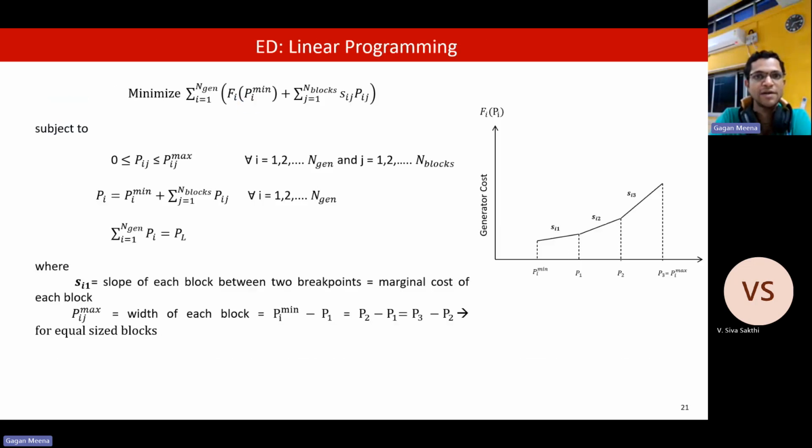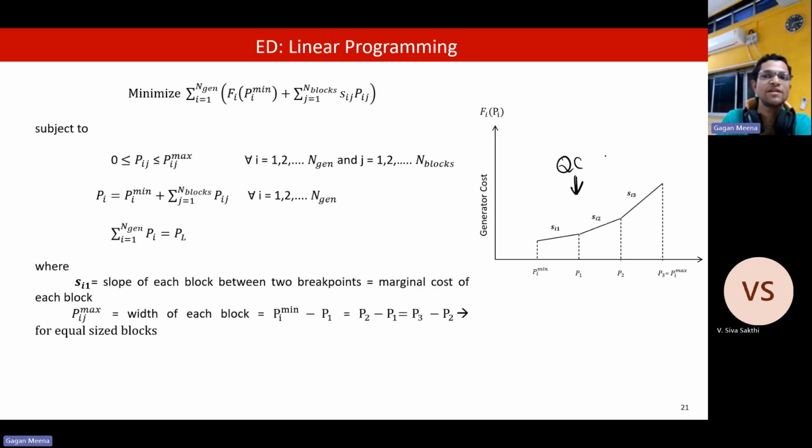Moving on to the next part, which is this linear programming. Now we have piecewise linearized this quadratic cost curve. So we had this quadratic cost curve and we have linearized it, piecewise linear. This was the quadratic cost curve and we have made segments. We have a piecewise linear cost curve from the quadratic cost curve.